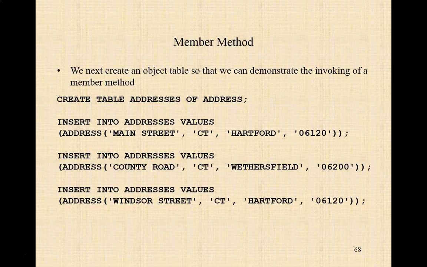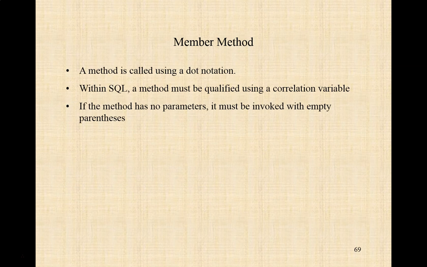So here we create an object table, a table of address objects, to demonstrate the invoking of a member method. We populate it with 3 row objects. A method is called using a dot notation. Within SQL, the method must be qualified using a correlation variable. If the method has no parameters, it must be invoked with empty parentheses.